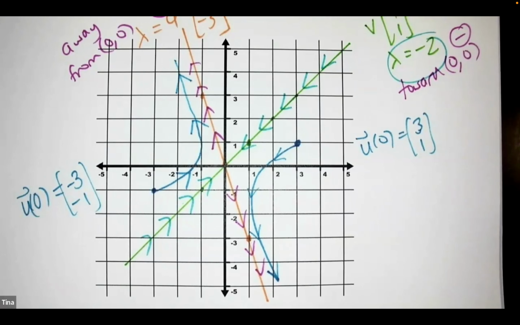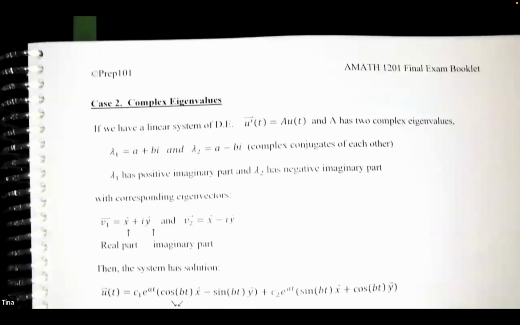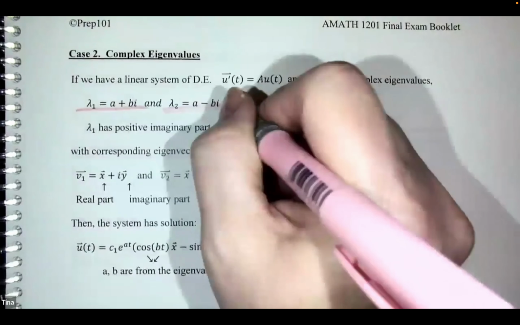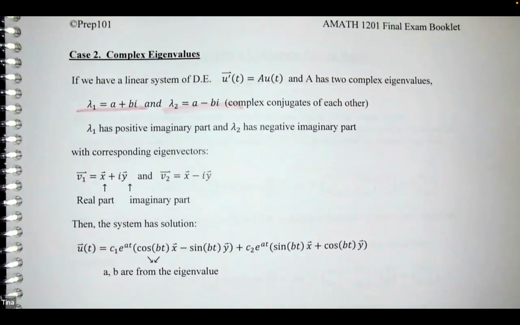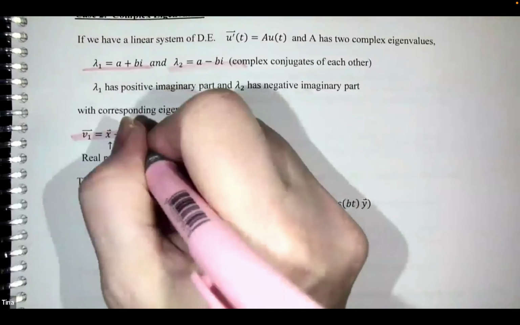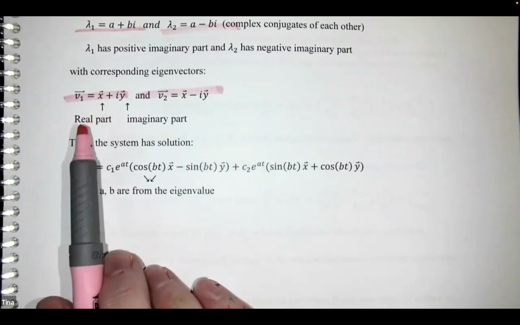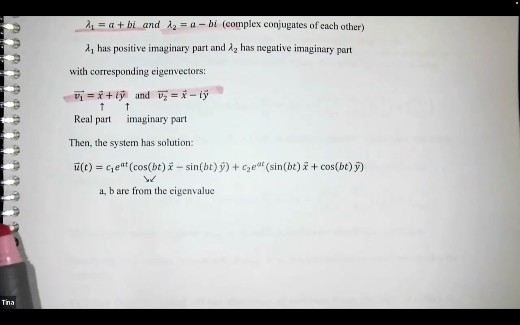Okay, questions? Okay. So complex, the solutions look very annoying. We know from before we have a plus or minus bi, complex conjugates. So if we look at the eigenvectors, we have a real part x, an imaginary part y.